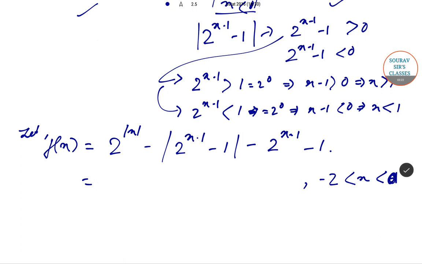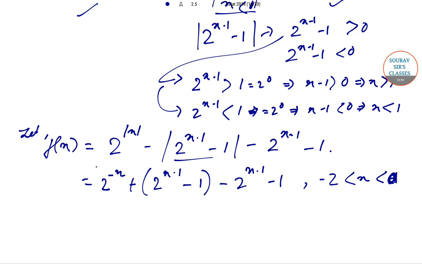If x lies between -2 and 0, in that case mod of x is equal to minus of x, so this will turn to 2 to the power minus x minus, and we know that if x is less than 1, then this part is negative. Since x lies between -2 to 0, this part is negative, and we can write it as plus of 2 to the power x minus 1 minus 1 minus of 2 to the power x minus 1 minus 1.